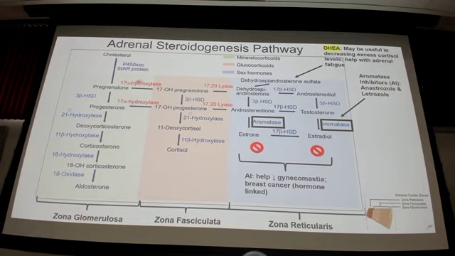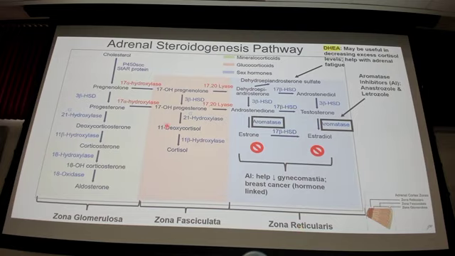It's metabolized into pregnenolone and the glomerulosa, which produces mineralocorticoids, aldosterone. 17-alpha hydroxylase will shunt that pregnenolone into the fasciculata, which produces cortisol, which is a glucocorticoid, and then 17-20 lyase can shunt this pathway to produce androgens and estrogen, which are sex hormones, in the zona reticularis of the adrenal gland.